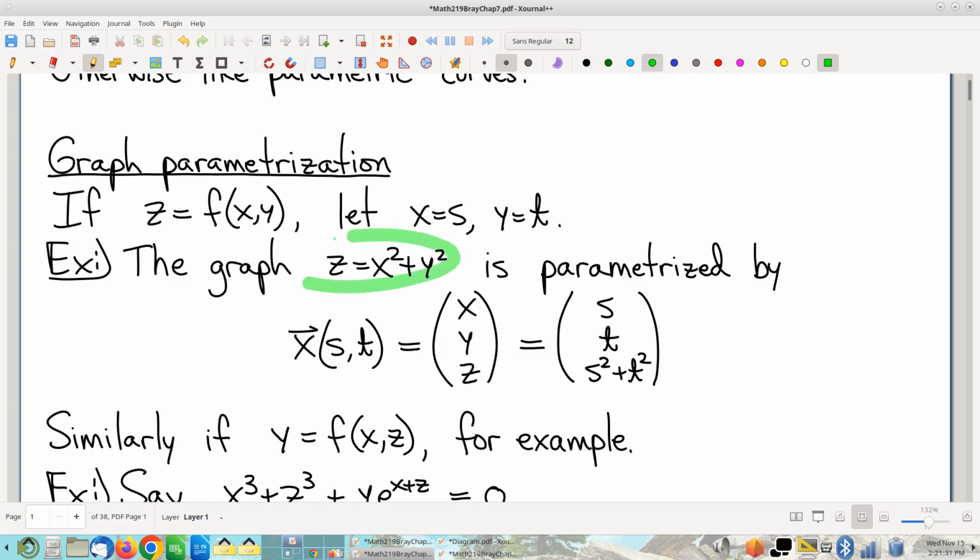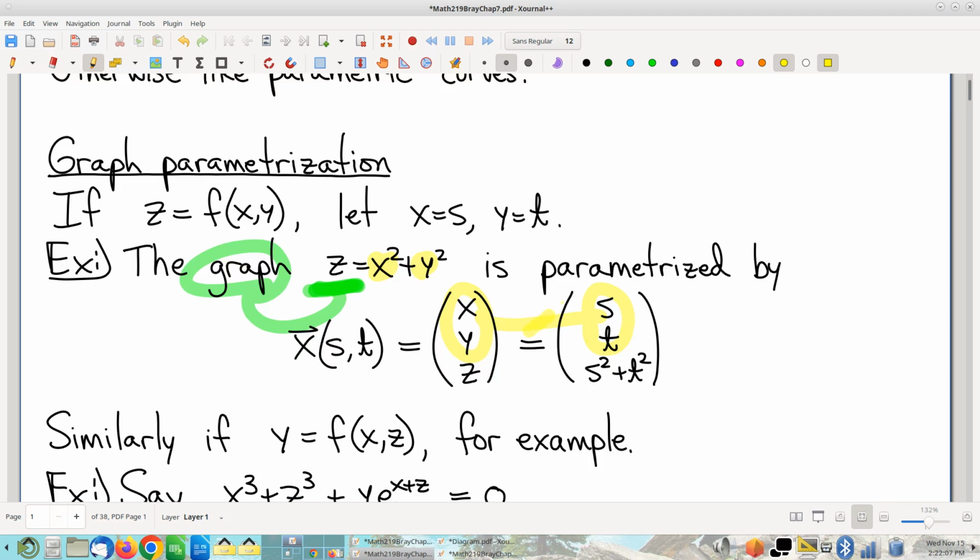Here's an equation. Let's try to parameterize that surface right there. How are we going to parameterize that surface? Well, good news. It is indeed a graph. Right? One of the variables, z in this case, is a function of the others. So these others being x and y, I'm going to let x and y be my parameters, s and t. I have now followed the instructions. I claim the parameterization now effectively creates itself. After all, if x is s and y is t, all I really need to know is what z is.